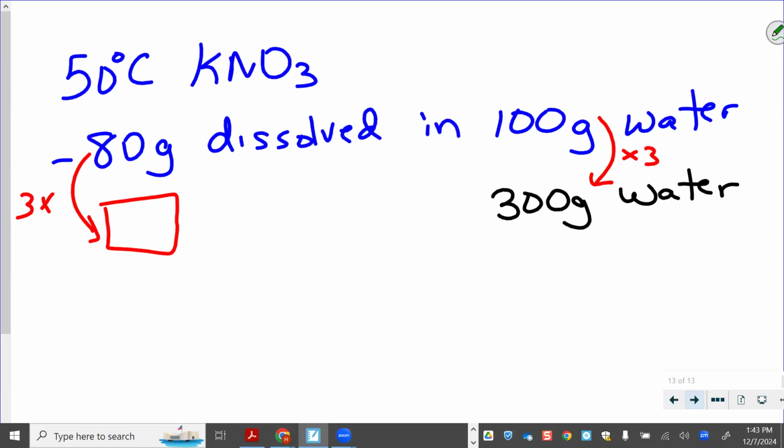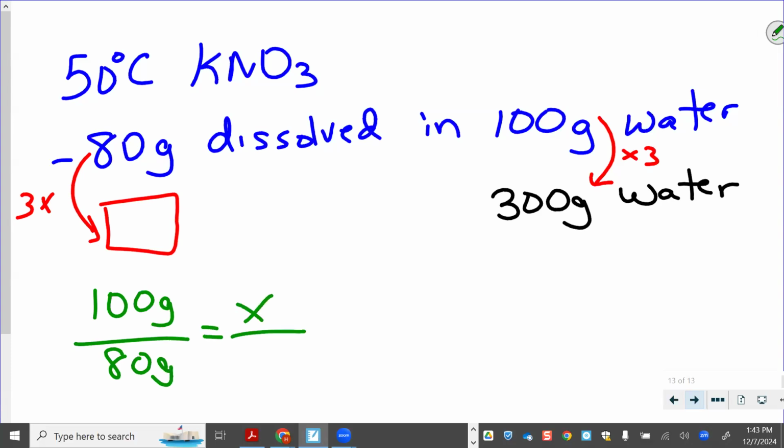The other method is this. I'm going to take 100 grams of water, 80 grams dissolved. I'm looking for how many grams is dissolved in 300 grams of water.